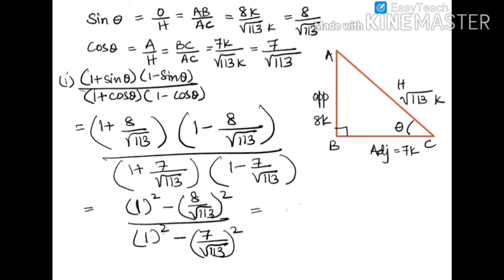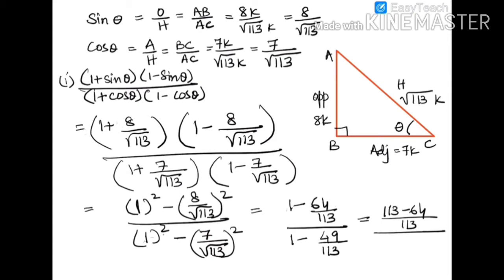This is 1 minus 64 upon 113 divided by 1 minus 49 upon 113. Simplify the terms in the numerator and denominator. So we will get 113 minus 64 divided by 113 whole divided by 113 minus 49 divided by 113.